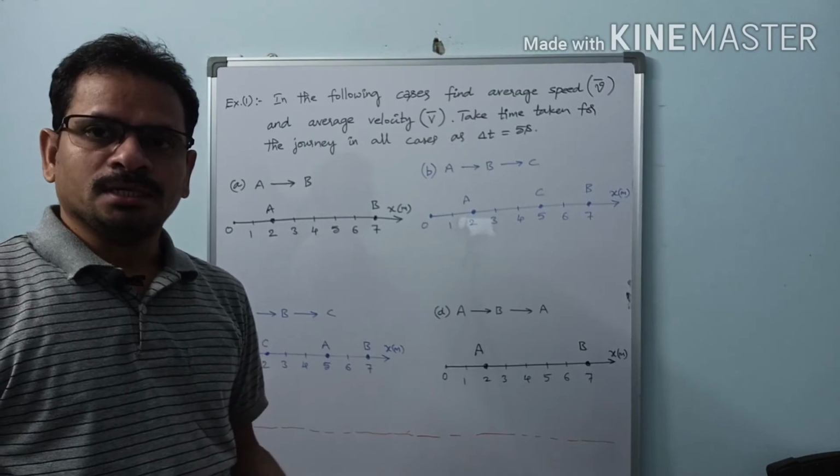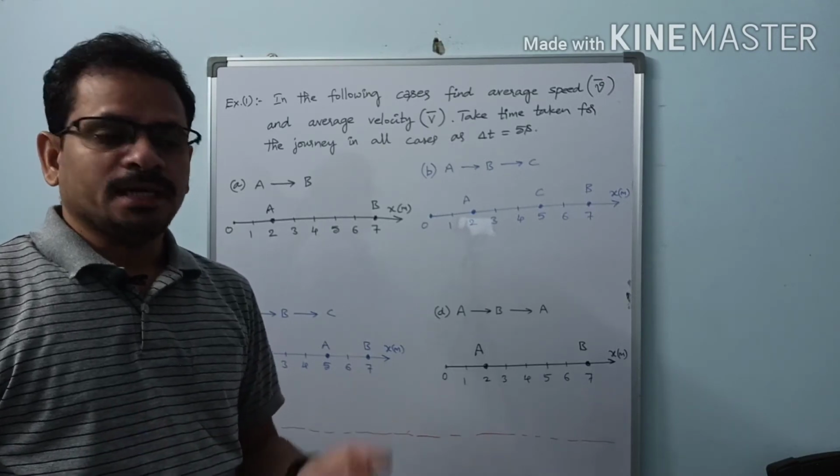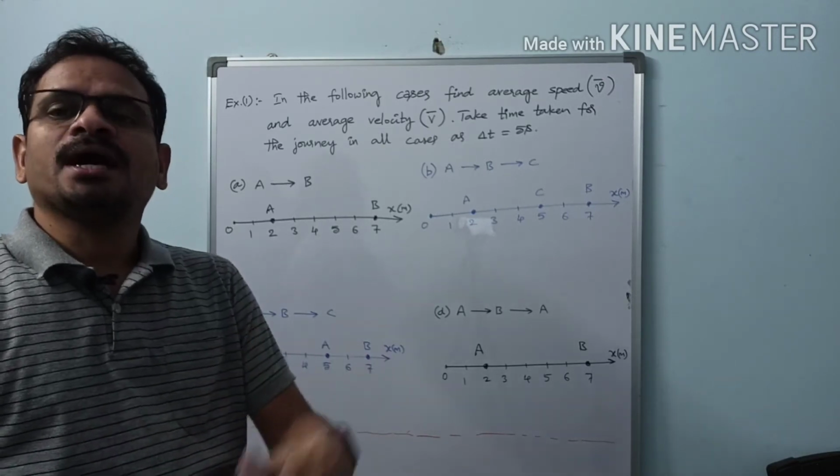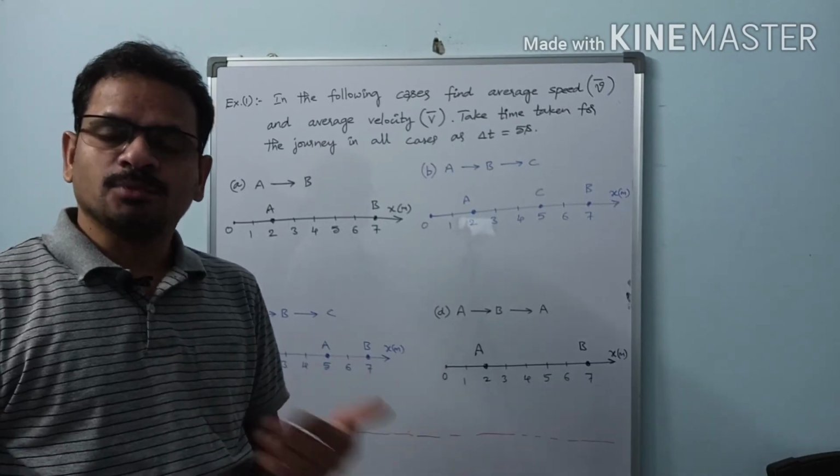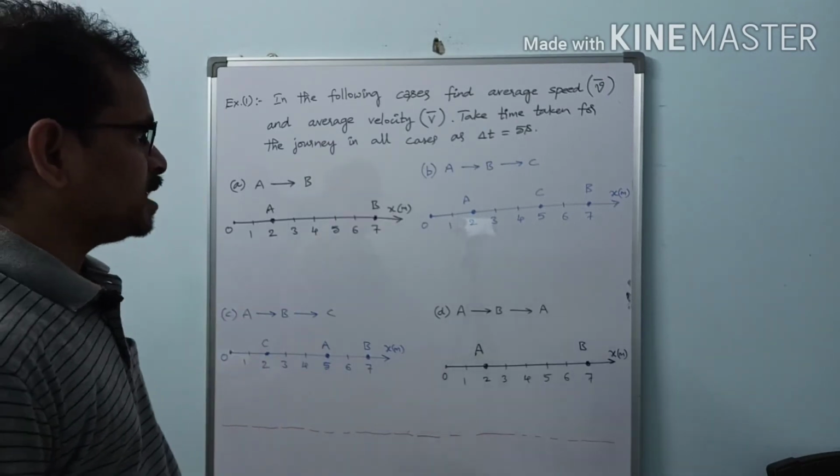This can also be checked in the following examples. I told you before, average speed has only positive values, and average velocity has positive, negative as well as zero values. Also we can check in which cases average speed is greater than average velocity, and in which cases both of them are equal. Let us check these examples here.